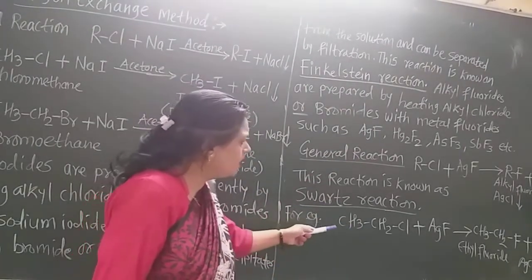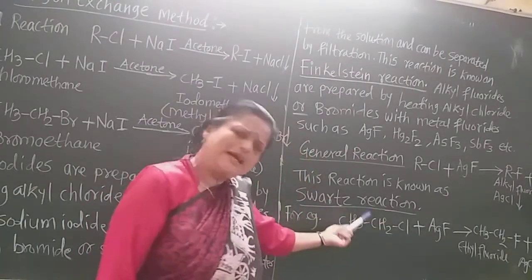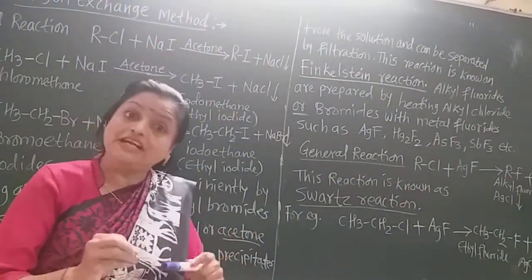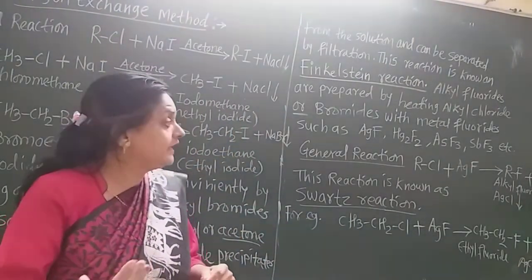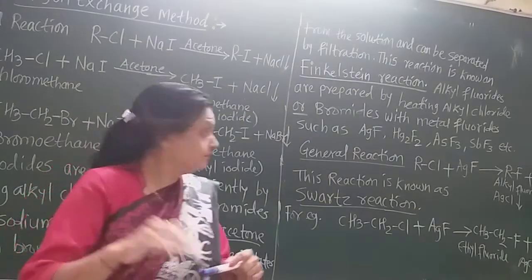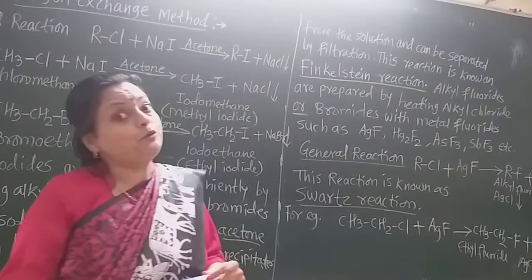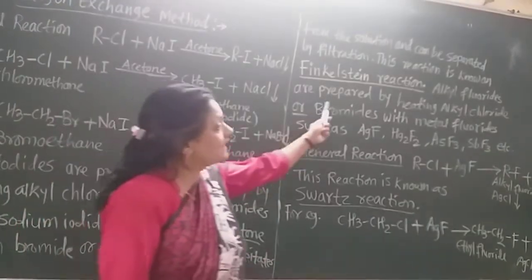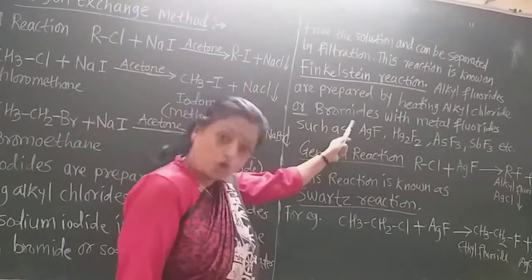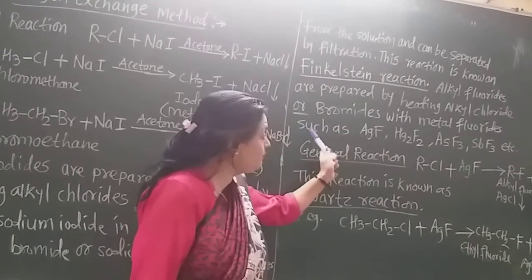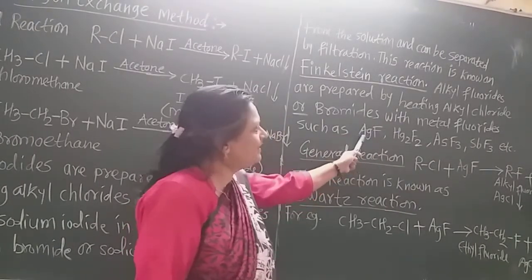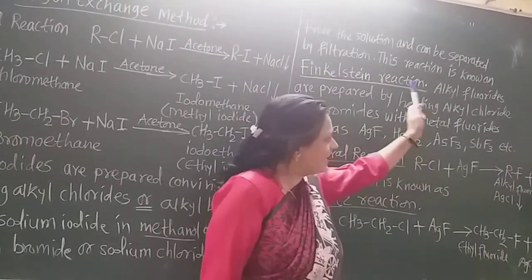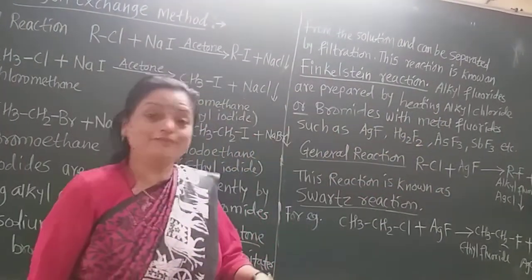You can take the reagent as alkyl chloride or alkyl bromide here, but always react with the metal fluorides such as silver fluoride, arsenic fluoride, antimony fluoride. These reagents you can use, and therefore alkyl fluorides are prepared by heating alkyl chlorides or bromides with metal fluorides such as silver fluoride, mercurous fluoride, arsenic fluoride and antimony fluoride. These are the very important reagents.